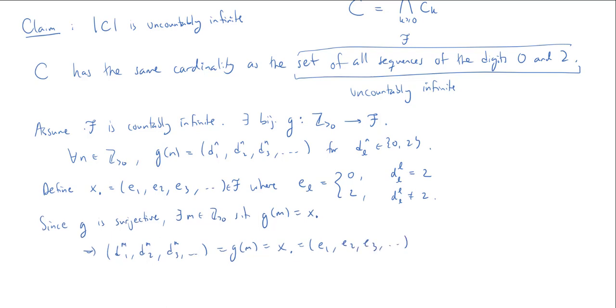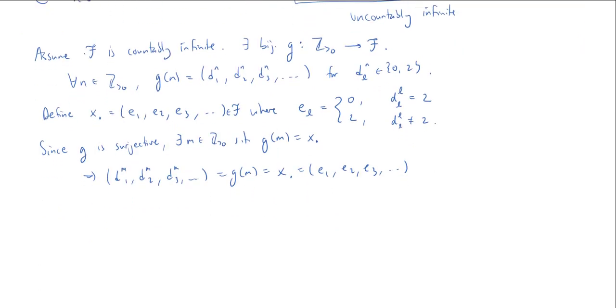Okay, so I have two sequences that are equal to each other, but if two sequences are equal to each other, they have to be the same term by term. Well, why don't we look at the mth term? So this implies that d_mm has to equal e_m.